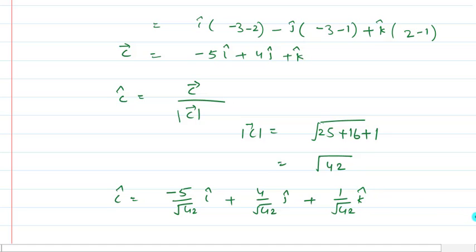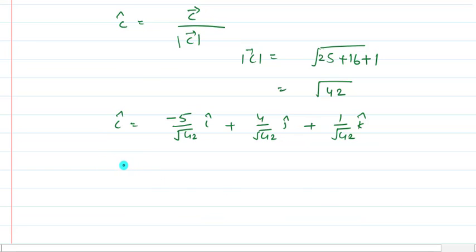So now easily we can write the vector with magnitude 5 units. Let us multiply this unit vector with 5, and certainly the magnitude of this vector will be 5.